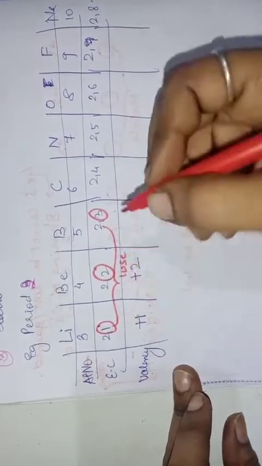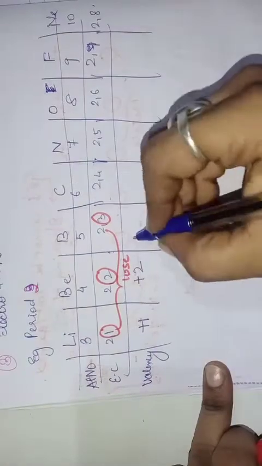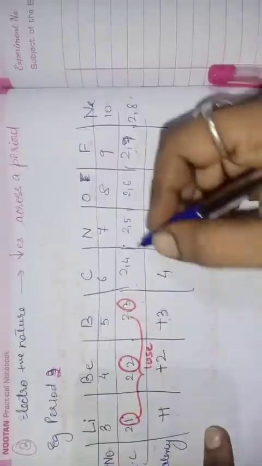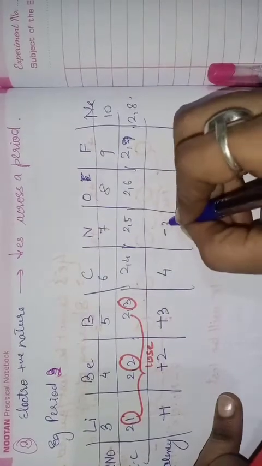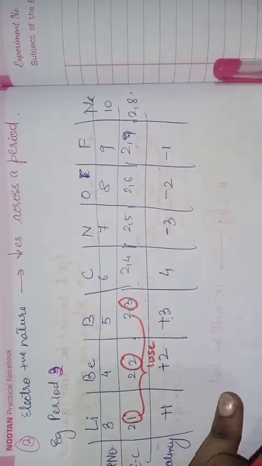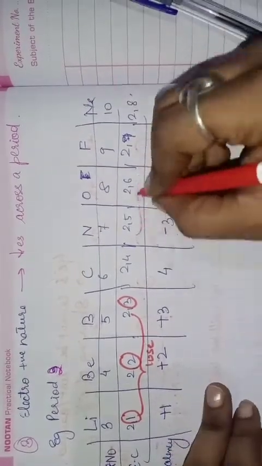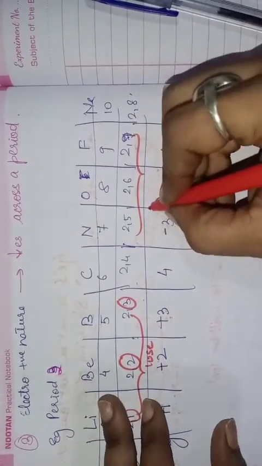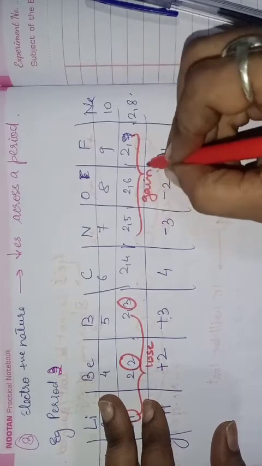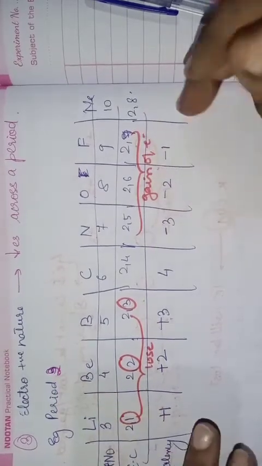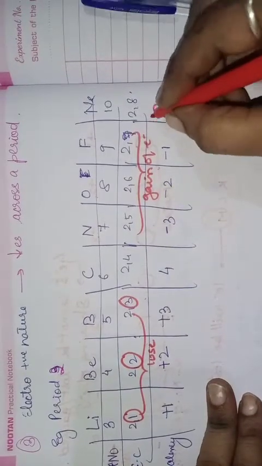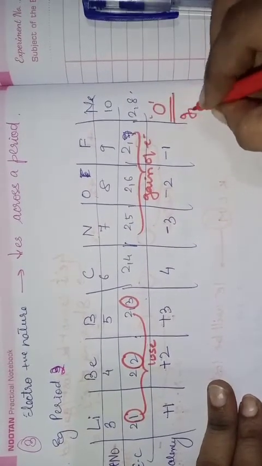So +3 for boron. For carbon it will remain 4. For nitrogen it is -3. Here -2 and -1. Now why in this case? Because it will be 8 minus the number of electrons in the outermost shell. So here there will be gain of electrons. Hence they will be minus. Now the valency for neon is what? 0. Why? Because it is an inert gas.